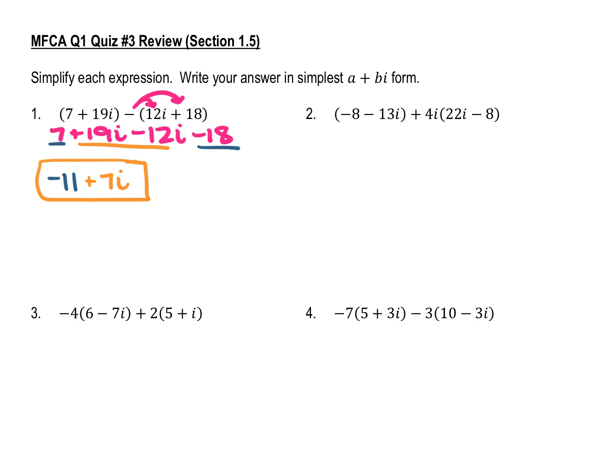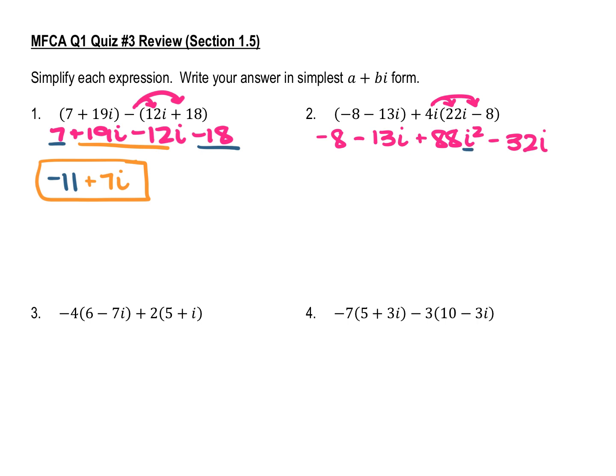For number 2, you have negative 8 minus 13i plus 4i times 22i minus 8. That 4i is going to distribute into the second set of parentheses, and that's going to leave you with negative 8 minus 13i plus 88i squared minus 32i.